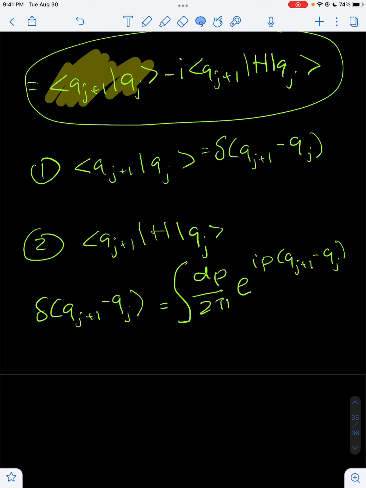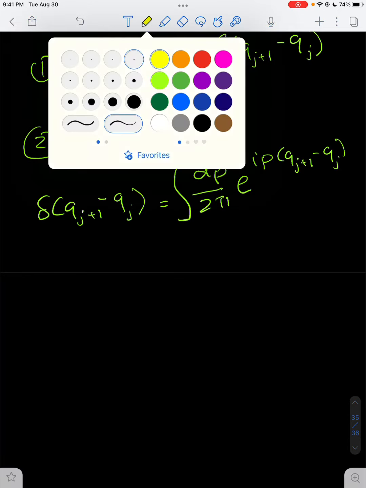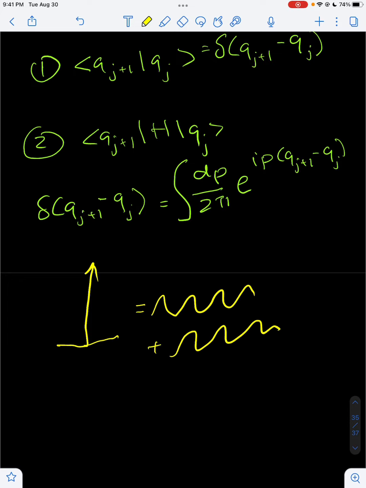Now you guys might be wondering, how is that equal to that? What's going on? Remember this from quantum mechanics: an infinitely sharp function, the delta distribution, can be written as a sum of plane waves with different wave numbers k. That's a really big thing in quantum mechanics.